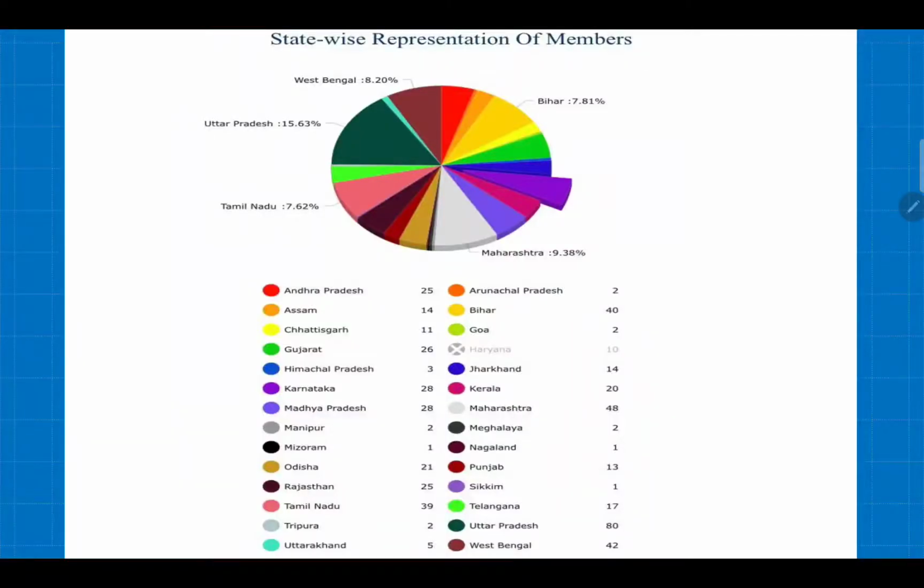Now, state-wise representation of members. This is just a general idea for you, so that when a multiple choice question comes, like which state has the greatest number of members, we can clearly say that West Bengal has 42, Uttar Pradesh has 80, and Maharashtra has 48.